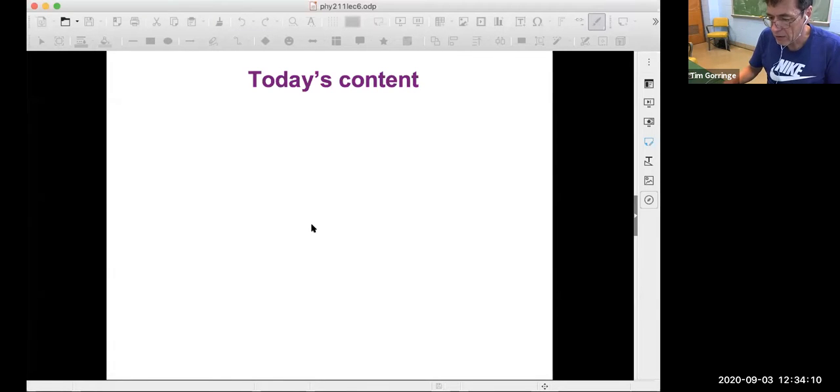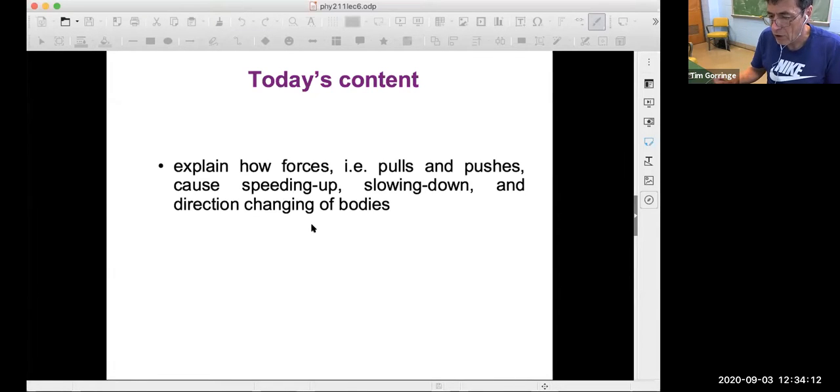Specifically today's content. I want to tell you how forces, so forces are like pushes or pulls, are the phenomena or the quantity that cause objects to, for example, speed up or slow down or change their directions. So forces are key to explaining, understanding motion.